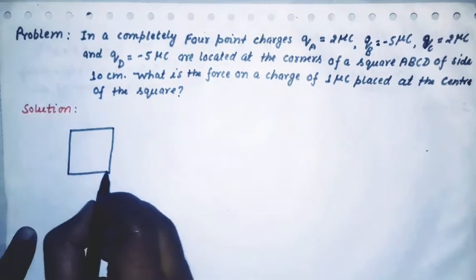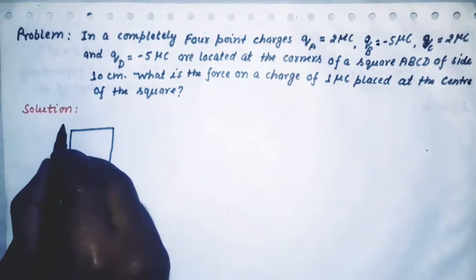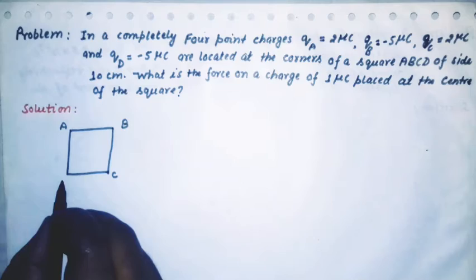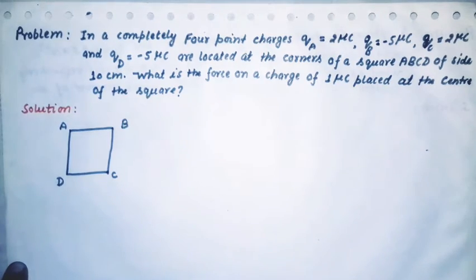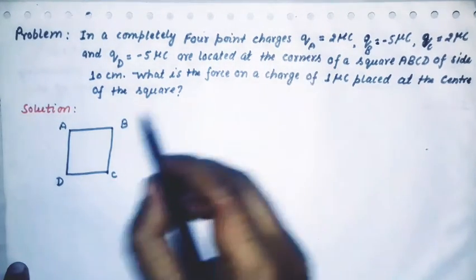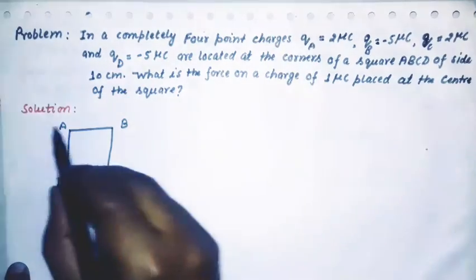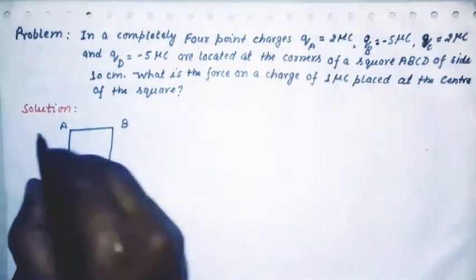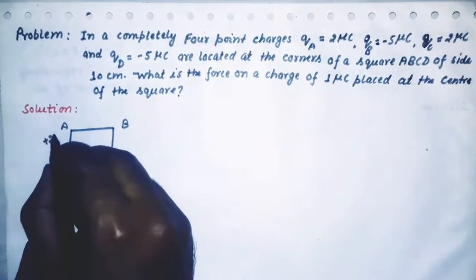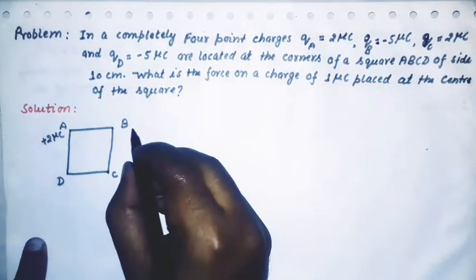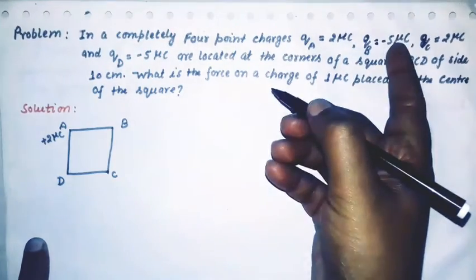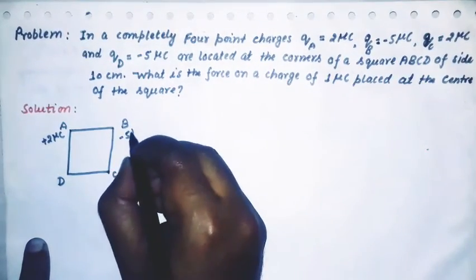Suppose here is a square A, B, C and D, and the corners have some charges. QA is plus 2 microcoulomb, charge at B, that is QB, is minus 5 microcoulomb.